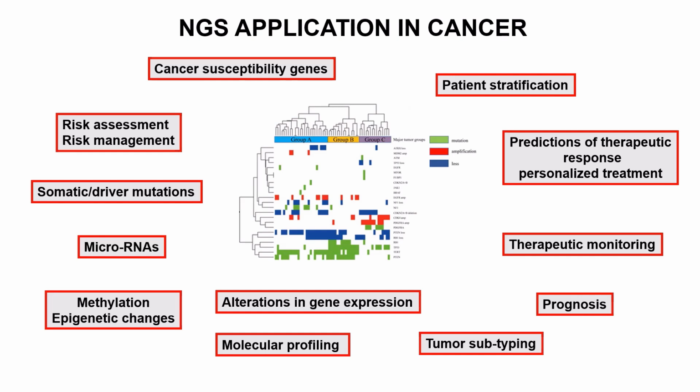Then, next-generation sequencing also helps in studying epigenetics. NGS enables the comprehensive analysis of epigenetic modifications, which are chemical modifications to DNA and histone proteins that regulate gene expression without altering the underlying DNA sequence.